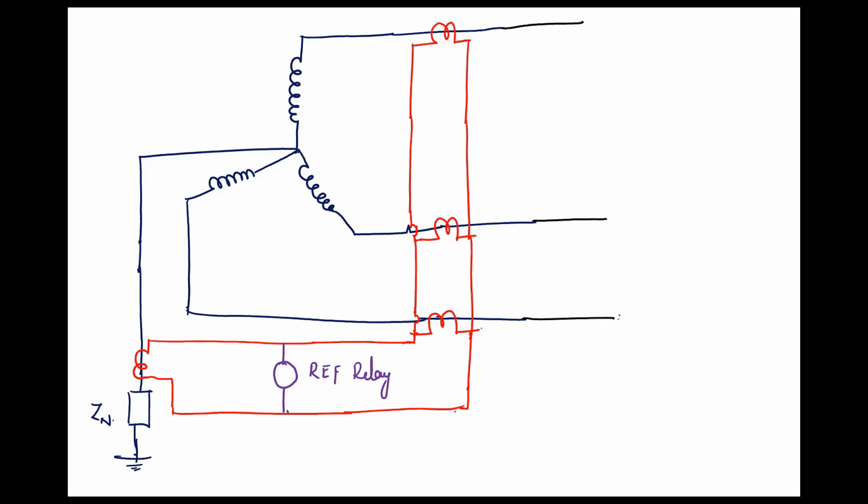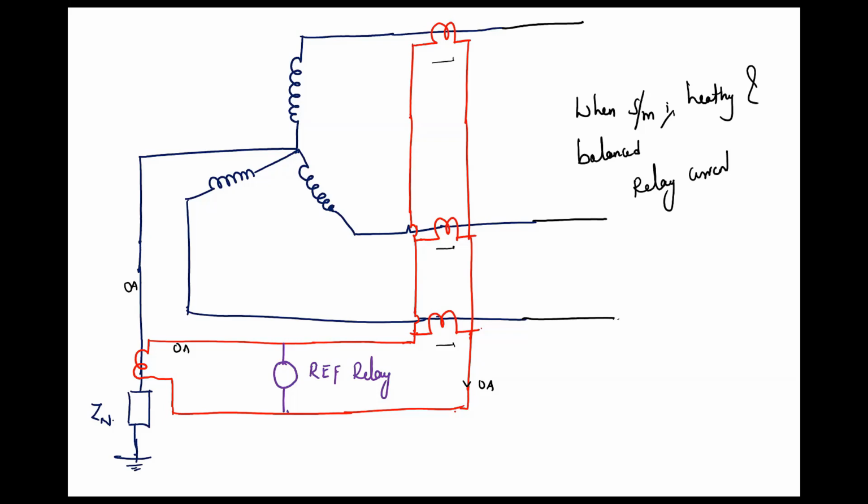Okay. So when the currents flowing are balanced, the sum of all three currents will become how much? Zero. So zero current will be flowing, and even in the neutral the current flowing is zero. So when the system is healthy and balanced, your relay current is how much?